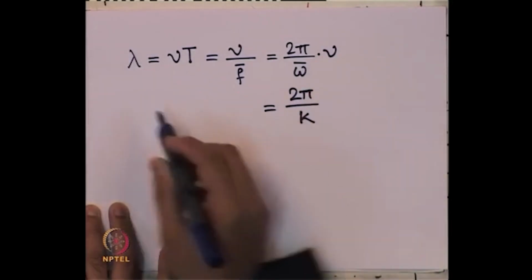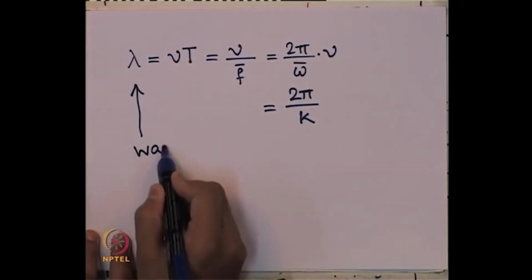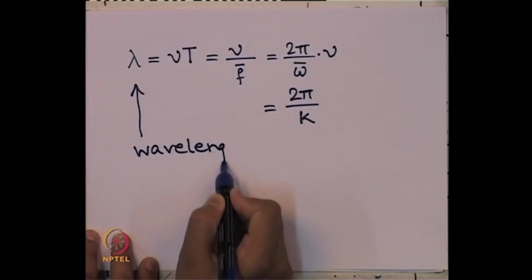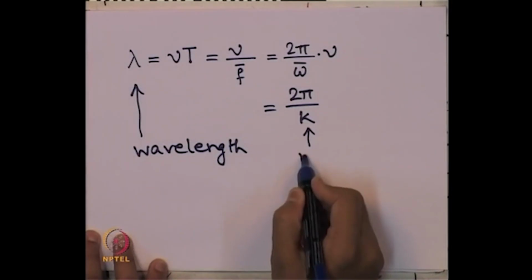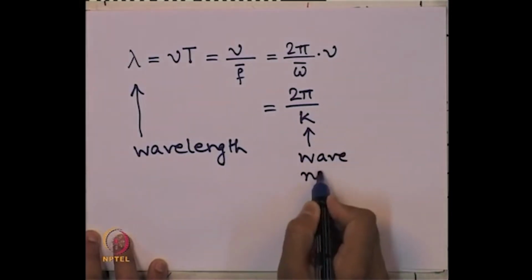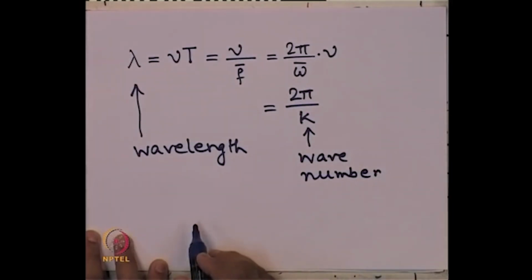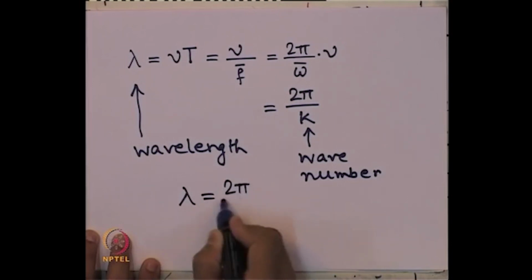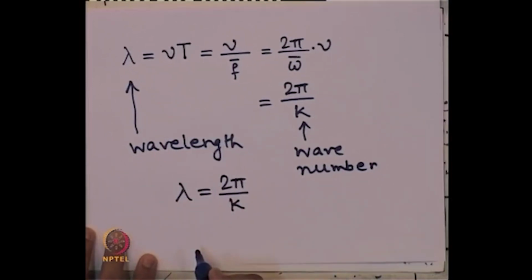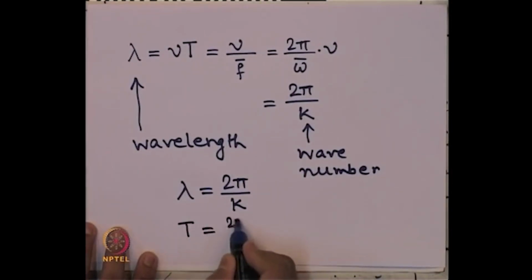So, this lambda parameter is called wavelength. And this is wave number. So, what we can see is that lambda equals 2 pi by k and T equals 2 pi by omega.